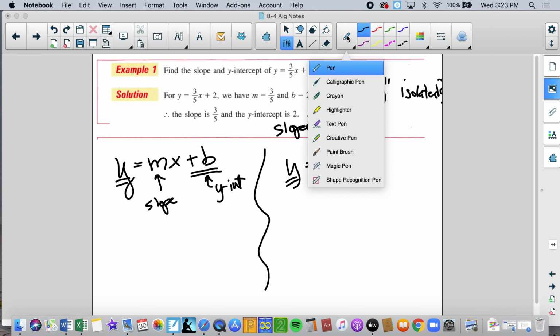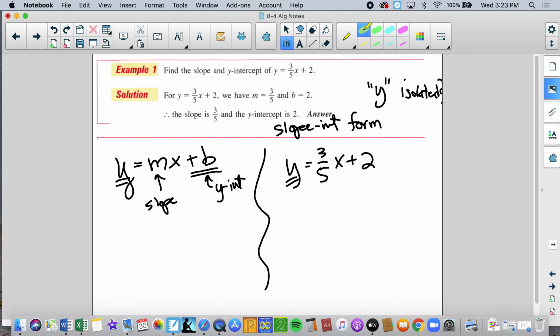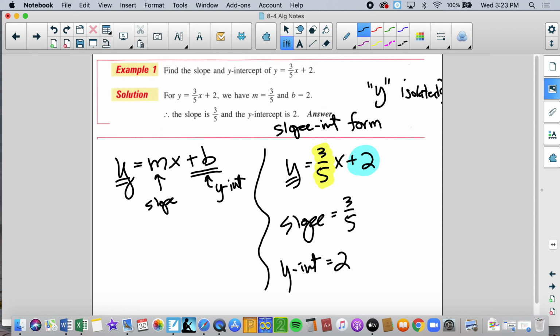Now we look at the coefficient of x, the number in front of the variable. So what's the coefficient of x? It's 3/5. So that tells me that the slope of that line is 3/5. What is the y-intercept? The other thing I can pull out is the y-intercept. What's being added or subtracted to the variable x? Well, I see that 2. So my y-intercept is 2 and my slope is 3/5.